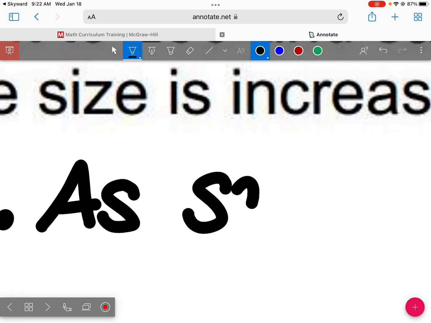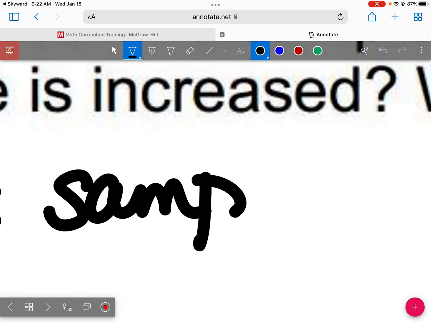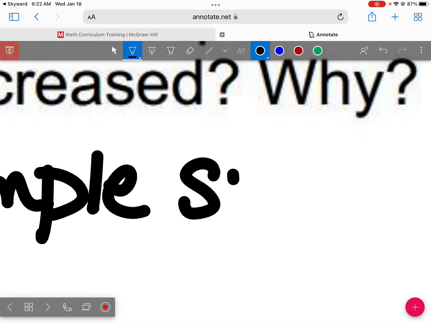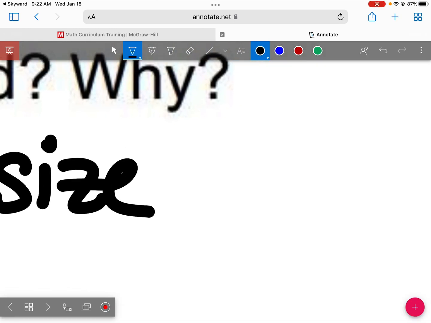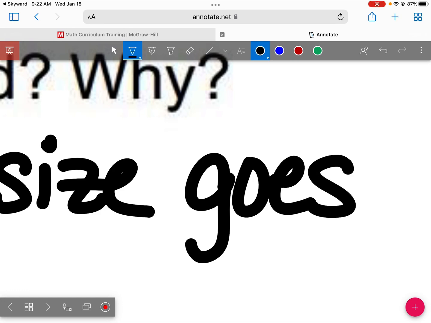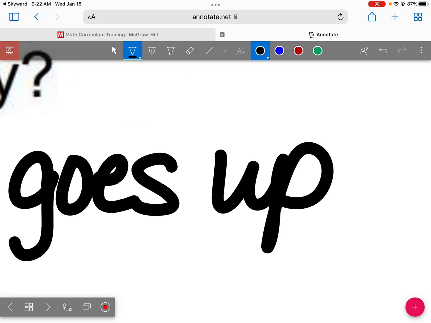As the sample size goes up, the variability of the sampling distribution goes down.